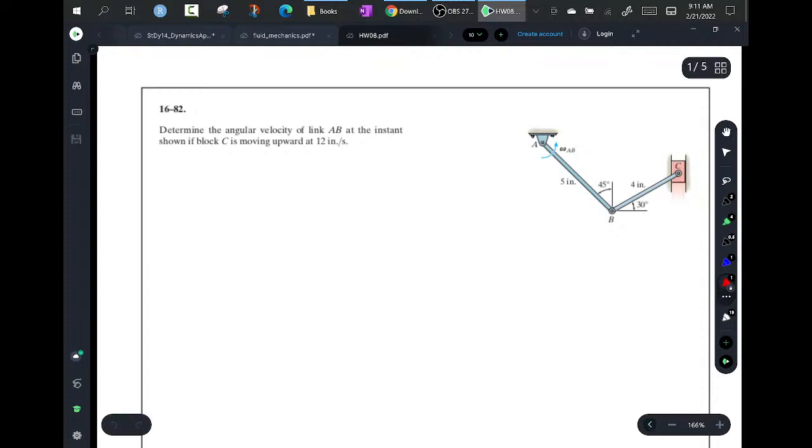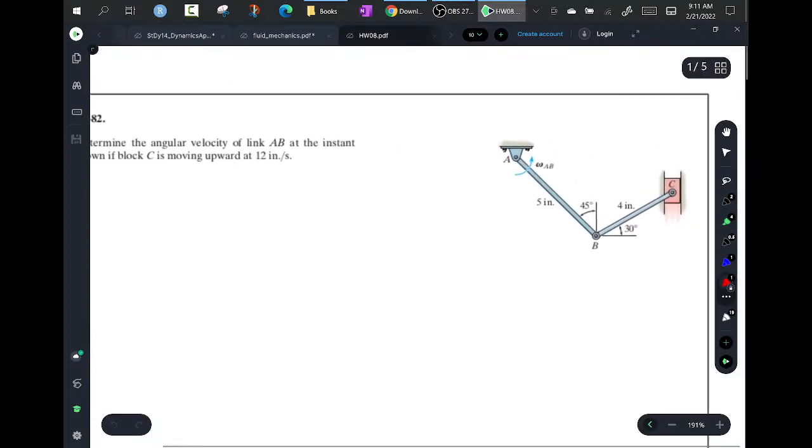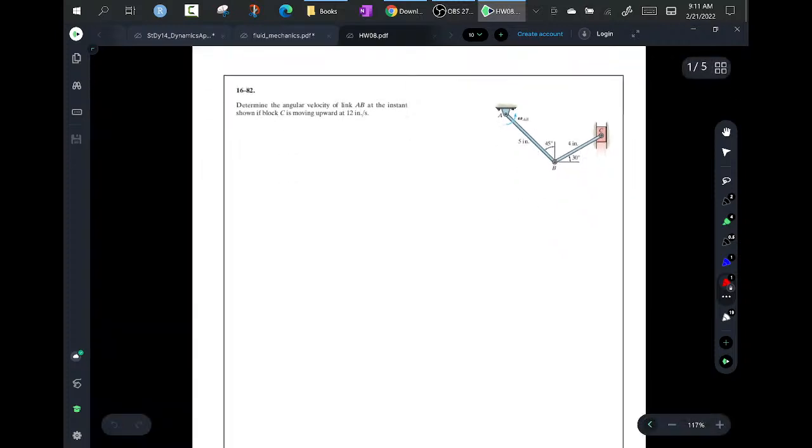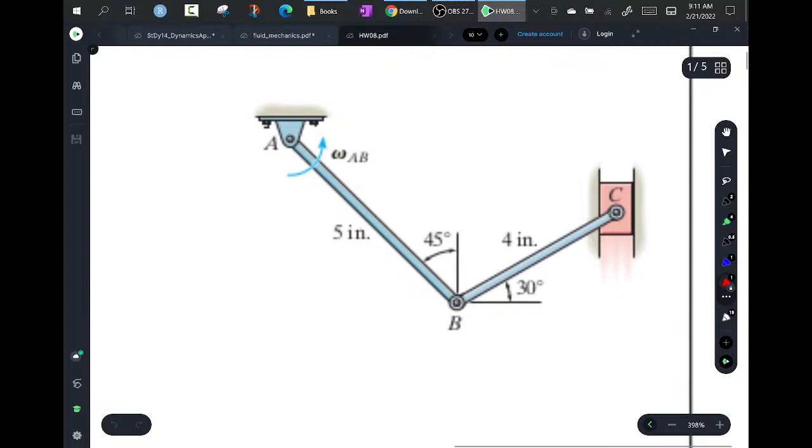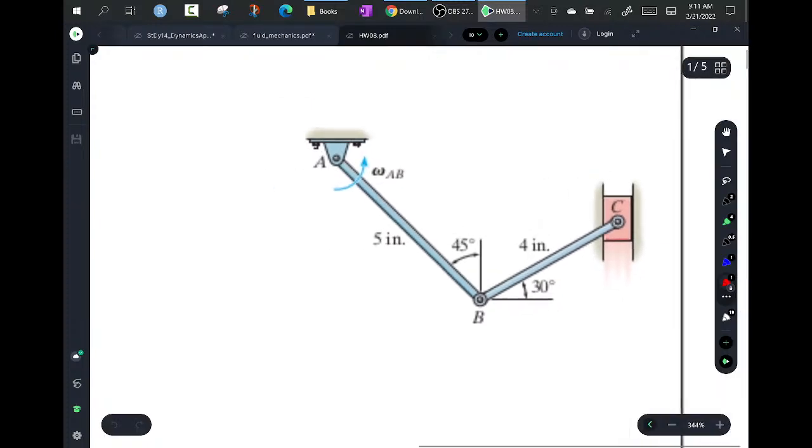Okay, so you got two choices, and I guess I can't zoom to the right, can I? Or I can zoom in, and then I can slide to the right. One is using instant center. Now, I'm going to use his little thing here.